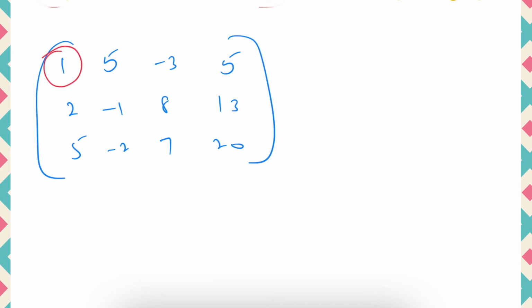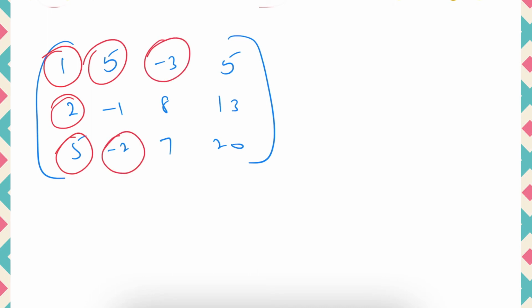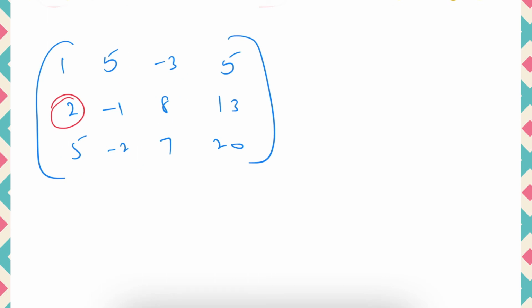Okay, next, here 1 is there, and here zeros should be there, here also zeros should be there, and here also zeros should be there. For the 1, it is compulsory, that is okay, done. Now wherever I kept red marks, there I need to get zeros. So for that I will think in different ways to get the zeros there.